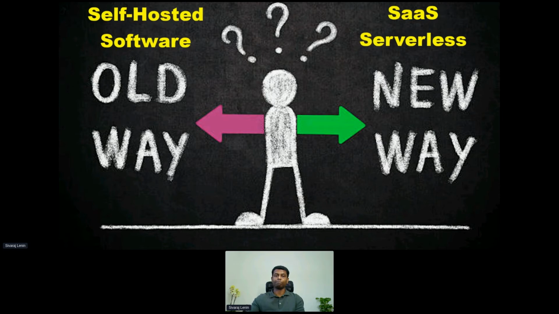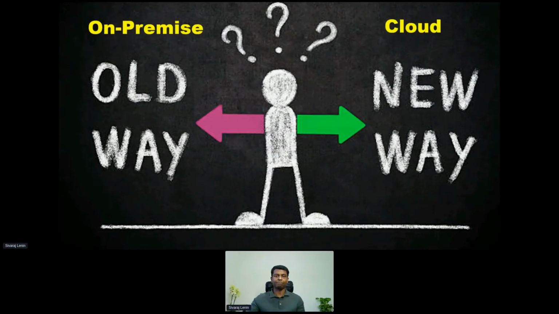We are also transitioning slowly off from maintaining self-hosted software, either to software as a service or serverless applications. Most organizations are now more inclined not to invest anymore in their data center infrastructure, and they are all taking a cloud-first stance when it comes to deploying their new applications and gearing up for migrating their current solutions from on-premise to the cloud.